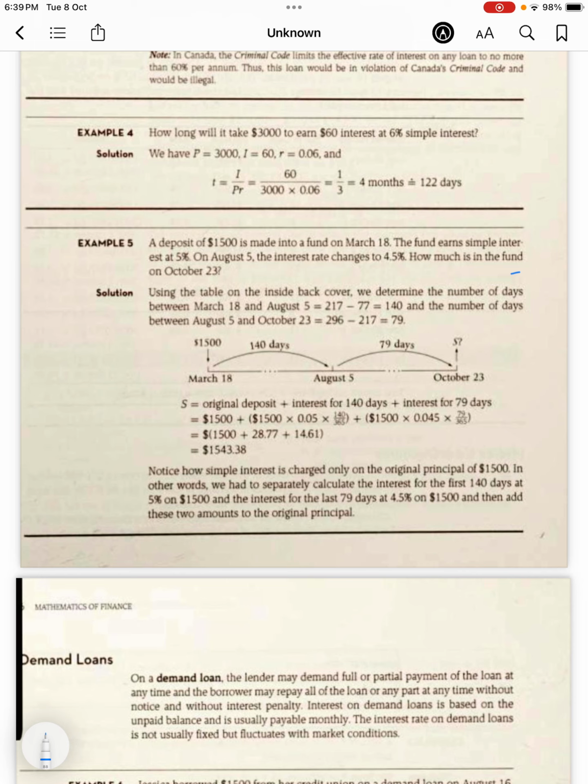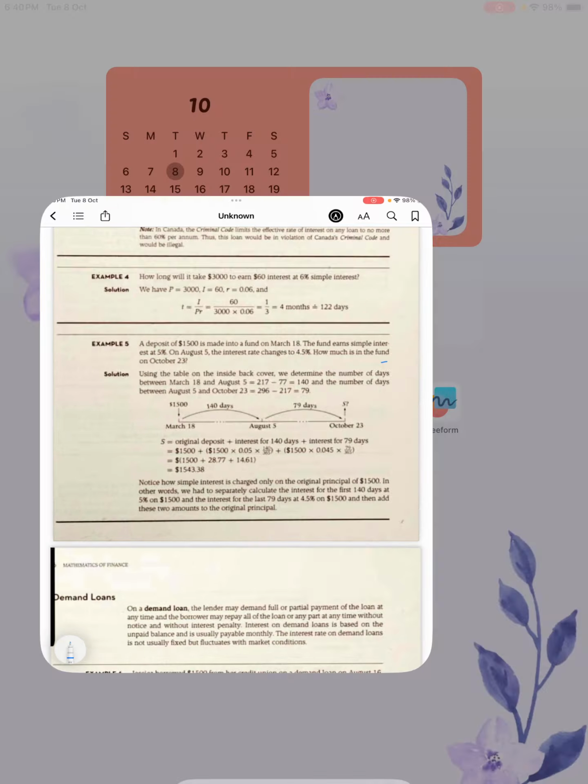You have two different numbers of days. Then you will calculate from 18 March till 5th of August, and then calculate another time from 5th August to October 23. You must calculate the months and the days, and then calculate the interest for the first period and interest for the second period, and then add it to the original principal, which is 1,500. Let's see it.